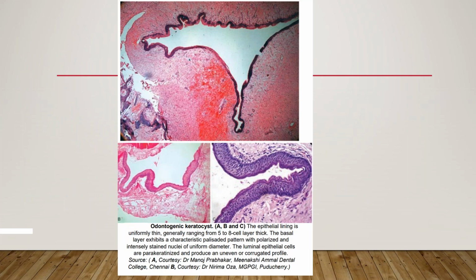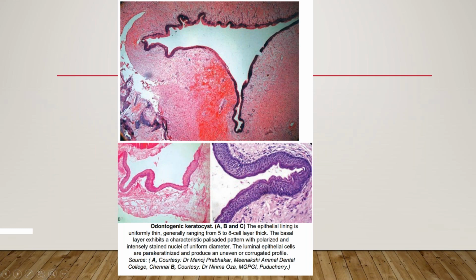This is the characteristic histopathological picture of an odontogenic keratocyst, where you can see the epithelial lining is uniformly thin. This is the epithelial cystic lining, which is uniform almost everywhere, and it is quite thin. Generally, it ranges from 5 to 8 cell layers thick.